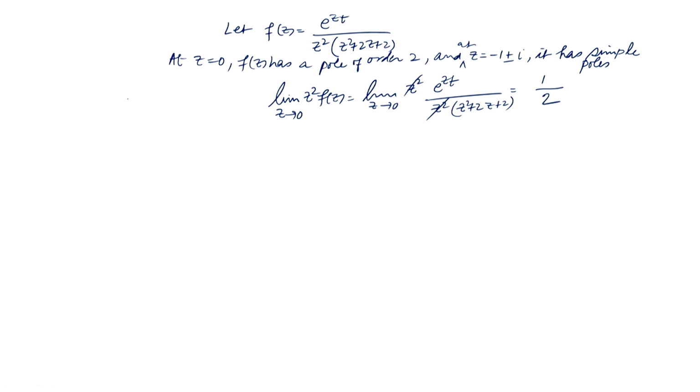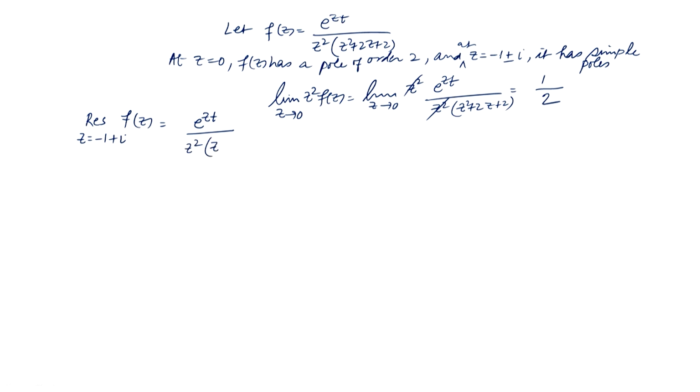Now, let us find the residue at each of these points, because all the three singularities, at z equal to 0 and z equal to minus 1 plus minus i, lie inside C. Okay. So, first we find the residue at the simple poles, the residue at z equal to minus 1 plus i of f(z).